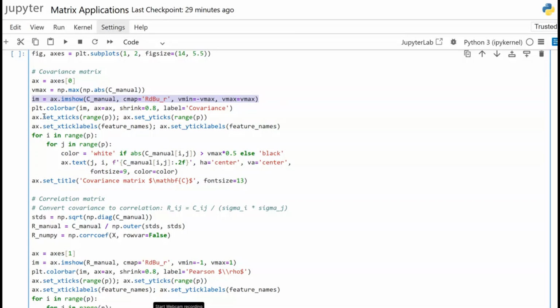Kindly observe this one here. We have specified the color map as red-blue, for positive correlations and negative correlations correspondingly. And here I have specified vmin equal to minus vmax, and vmax equal to vmax. That ensures a symmetric color scale around 0.